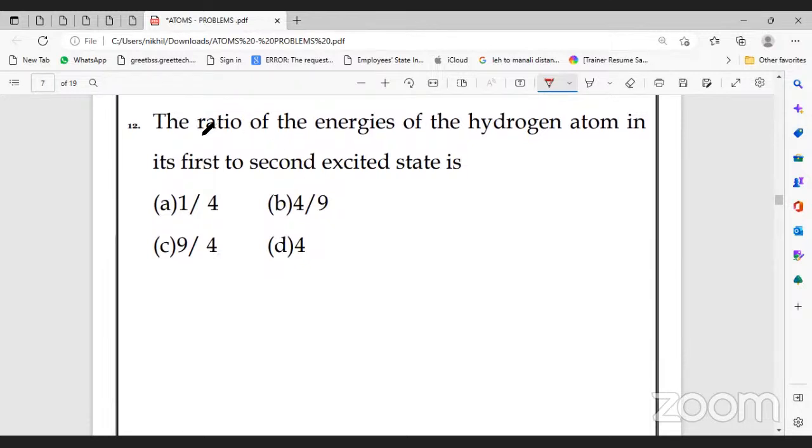Now they are asking you to find the ratio of energies of the hydrogen atom in the first to second excited state. n equals 1 is called the ground state.